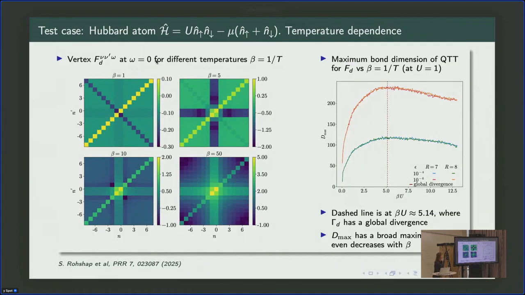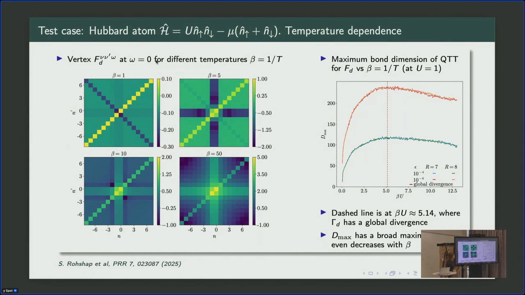Okay, but now, how does it scale with temperature? As we go from beta 1 to beta 50, at U equal to 1, these vertices grow a little bit, but they can still be quite nicely fitted with low error.